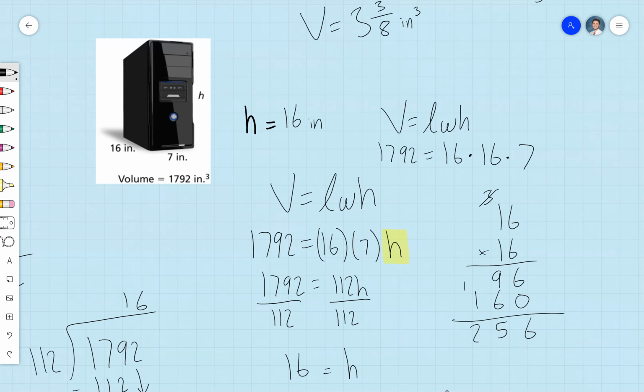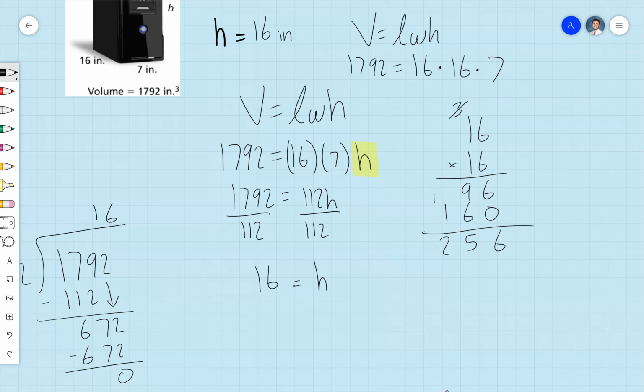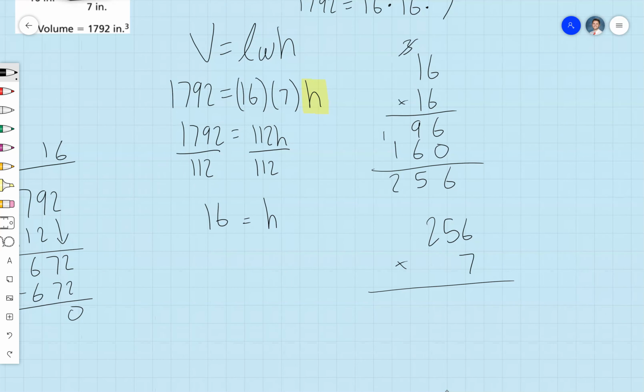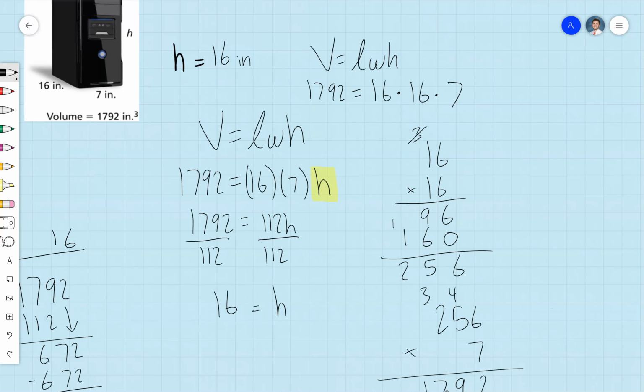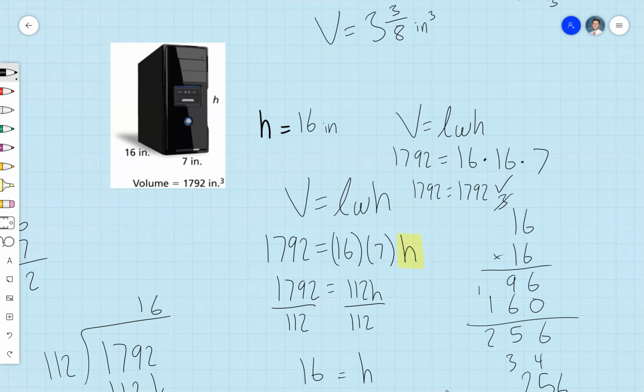We get 256, and then we can multiply 256 times 7, and hopefully that will equal 1,792. And it does. 1,792 equals 1,792. So we have checked our answer, and we know that the height is indeed 16 inches.